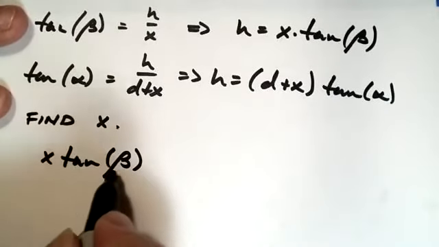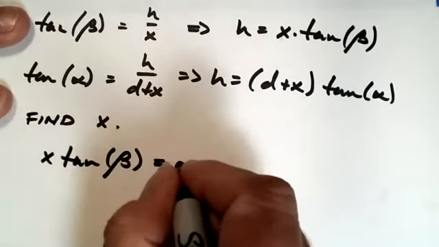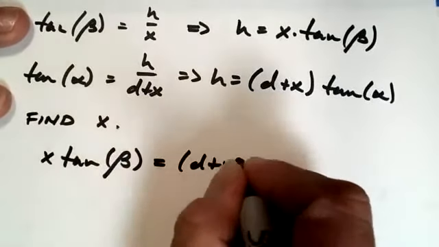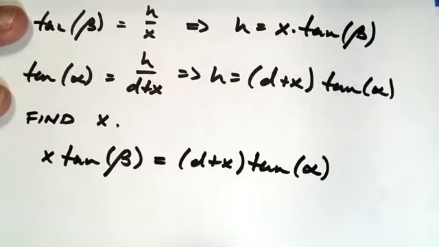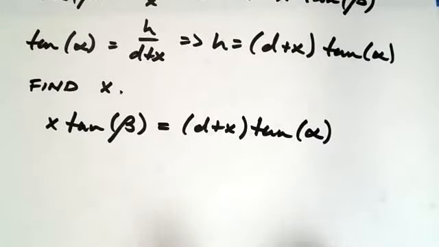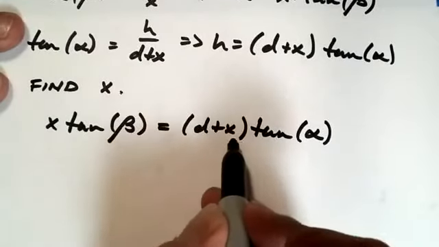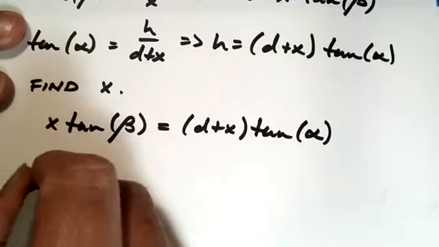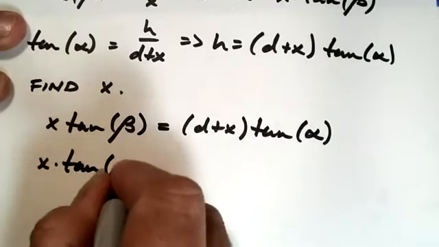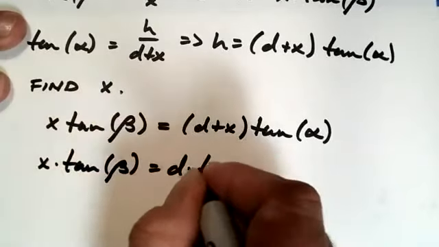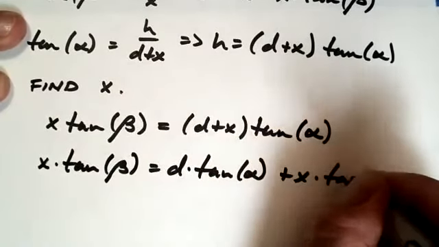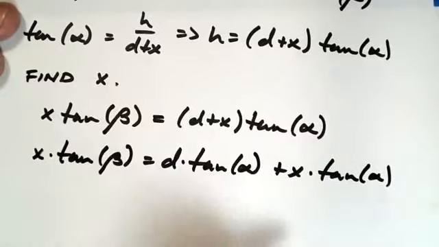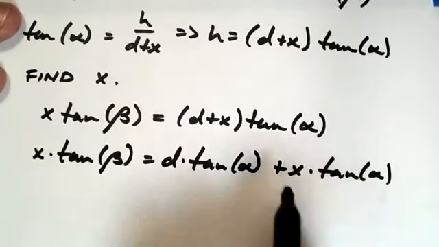So x times tangent of beta is equal to the quantity d plus x times tangent of alpha. If I want to solve for x, I have to get x by itself, and the only way to do that is to distribute. So I have x times tangent of beta equal to d times tangent of alpha plus x times tangent of alpha.